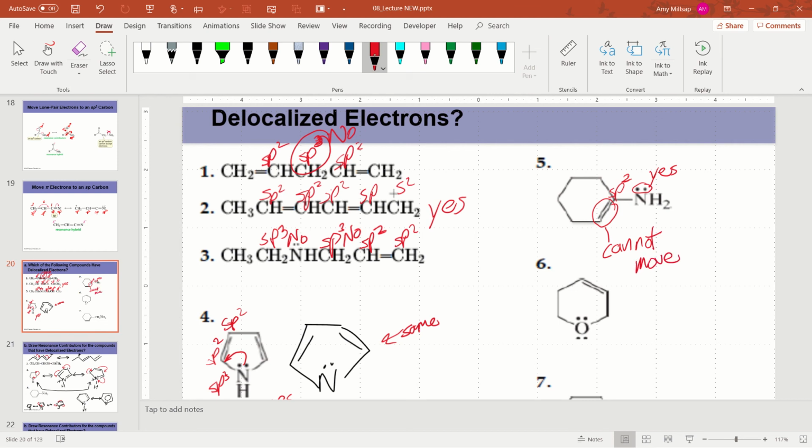Because if I were to move the pi electrons to the nitrogen, that would be moving pi electrons to an sp3 atom, which isn't allowed. But what can happen, the way that you can draw the resonance structure, is, well, let me draw a different sideways benzene ring.